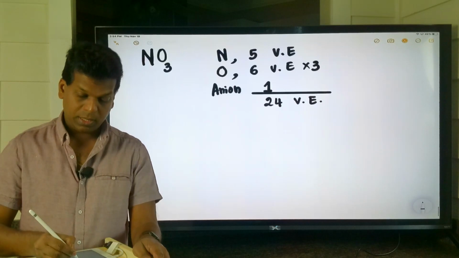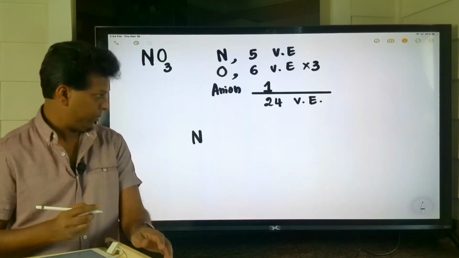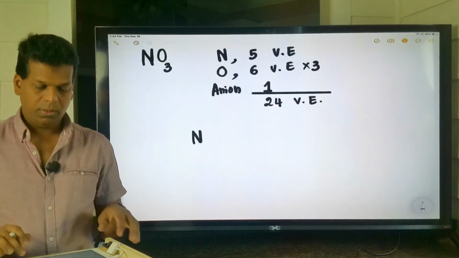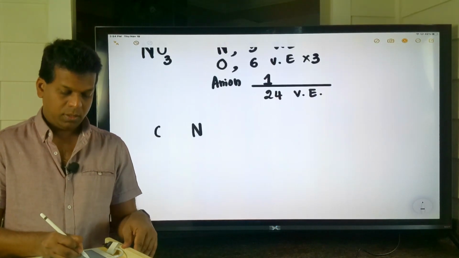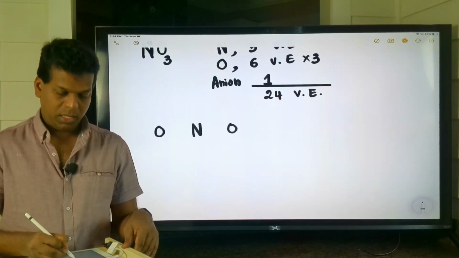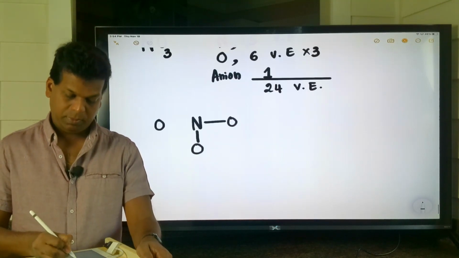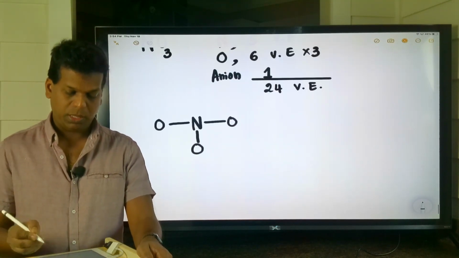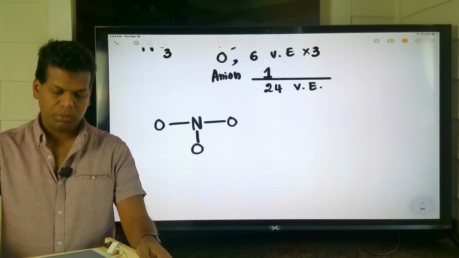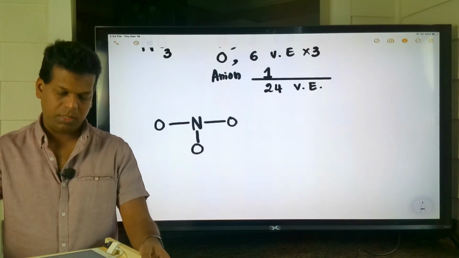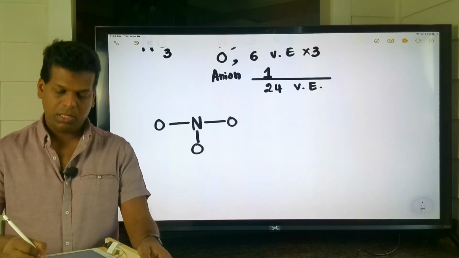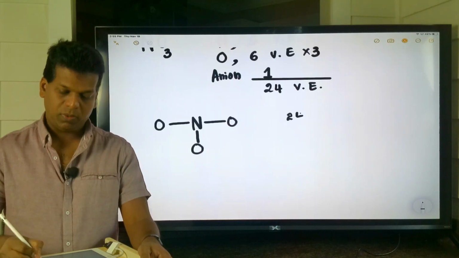Central atom is nitrogen. There are 3 terminal oxygens. Now I create my skeletal structure by creating a single bond between the central and the terminal atoms. So 3 of them. Initially there were 24 valence electrons.